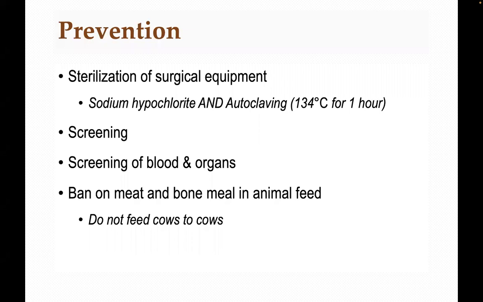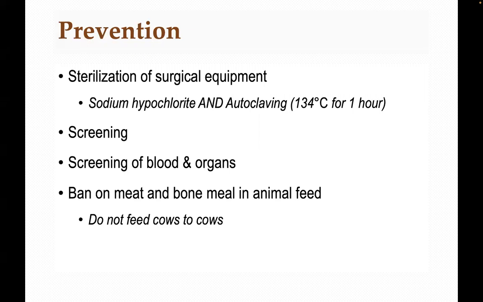So this is also an example of why people were getting the variant form of CJD in the UK: because of animal feeds, they were feeding animals to animals. For example, they can make cow feeds using animal bones, and then they feed it to the cows. So it's like you're feeding cows to cows.